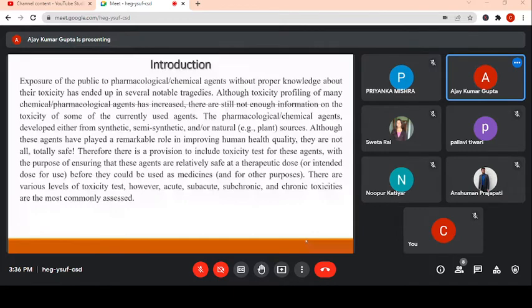Afterwards, the toxicity profiling of chemical or pharmacological agents has increased. There is still not enough information on the toxicity of some of the currently used agents, and that is why the study of these contents of your syllabus becomes very important and essential.